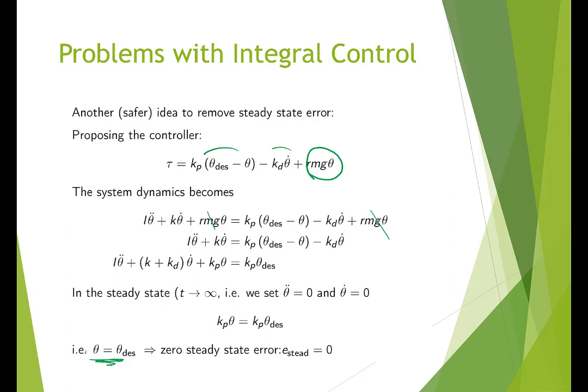The challenge in this method is that we need to know exactly what the mass of the pendulum is. This is challenging. In reality, we don't have absolute values for these parameters, so it will still give you a tiny bit of error because the mass that you're using is probably not exactly the mass of the pendulum.